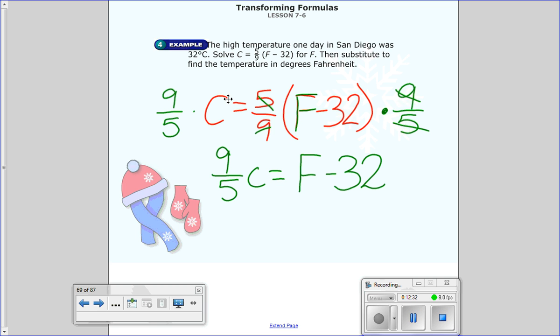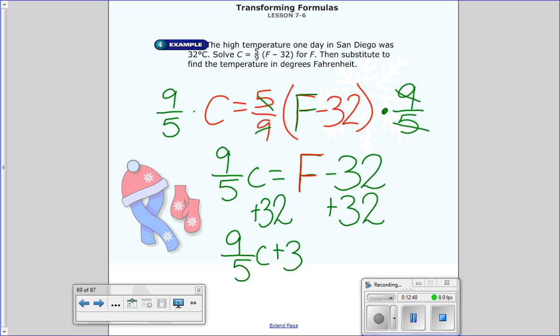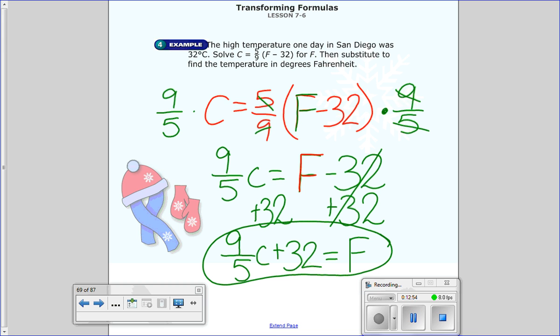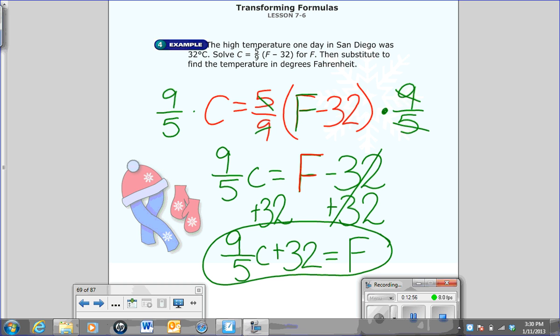And I'm still solving for F. Well, now from here, I can go ahead and add 32. And I'm left with 9/5 C plus 32 is equal to F. And that is what I get for my answer.